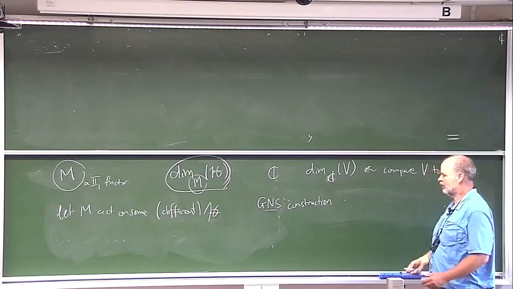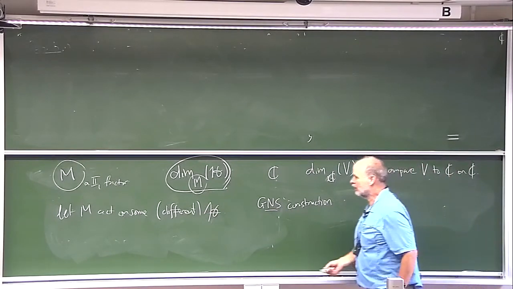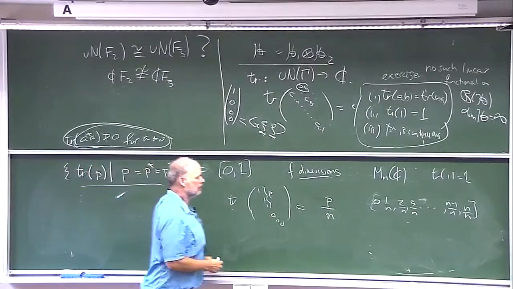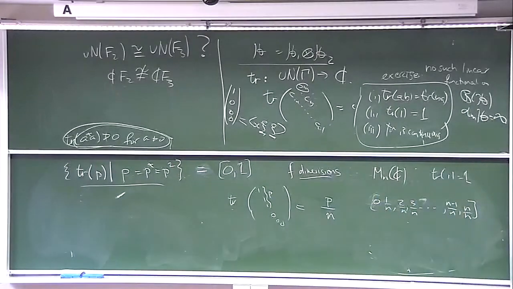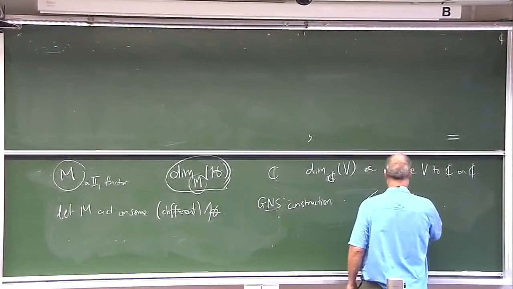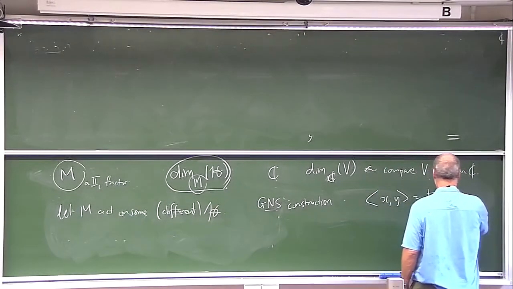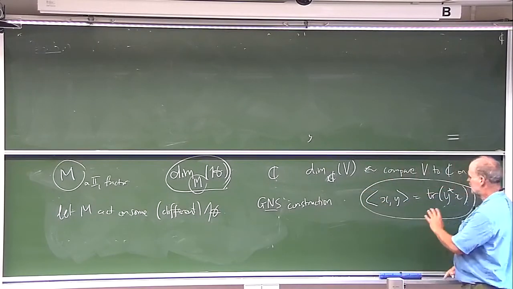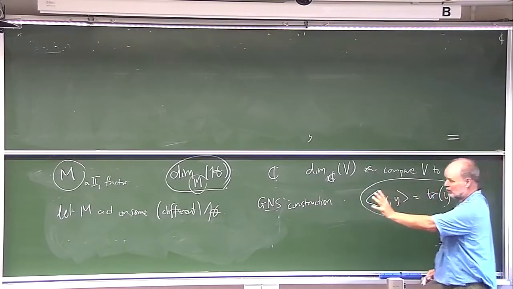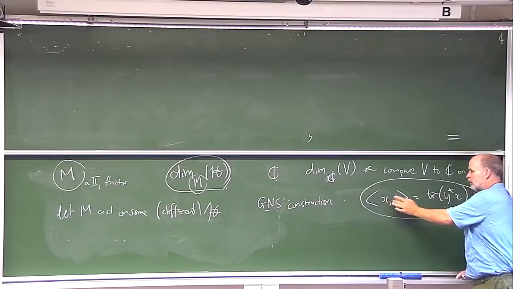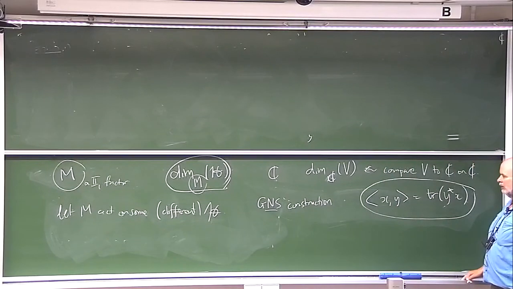So what we have to do to make it a Hilbert space, because of this condition here, we have exactly the data that we need to convert M to a Hilbert space. So what we do is we define an inner product of two elements. We use this data of the trace, this fabulous trace which produced continuous dimension, and we use it to define an inner product on the algebra itself.